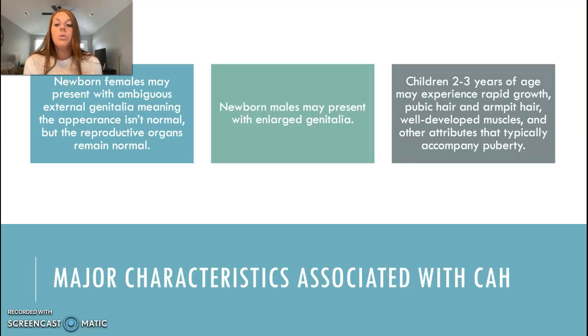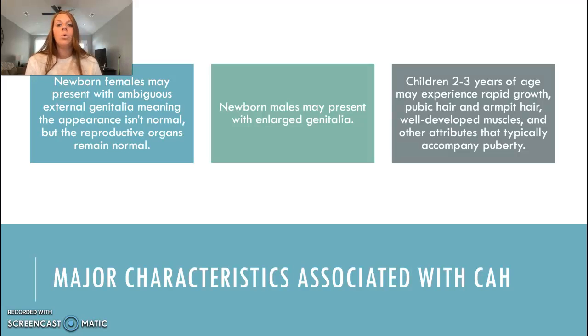Moving into major characteristics. So there are physical characteristics that we can see when dealing with congenital adrenal hyperplasia. The first thing to note is that in female newborns, we can see things called ambiguous external genitalia. Just meaning that we don't really know what we're looking at when we see it.